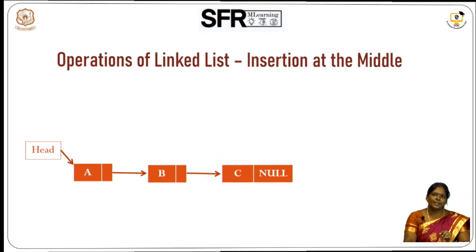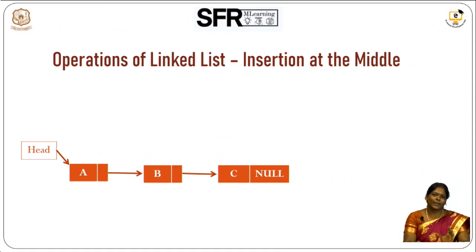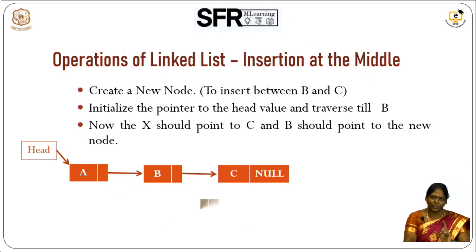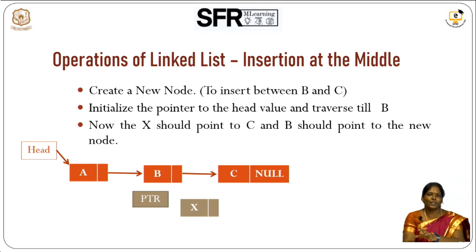Likewise, to insert a node at the middle, again we create a new node. Now I am going to insert it in between B and C. So I create a new node x. After that I initialize the pointer to the head and traverse the pointer till I reach the B value. Now the pointer is pointing to B, and B is pointing to C, we know that.